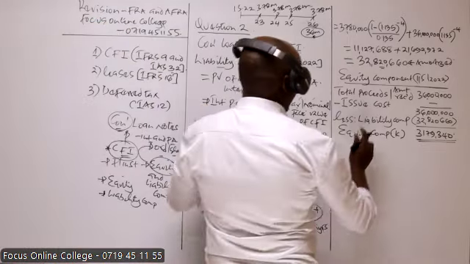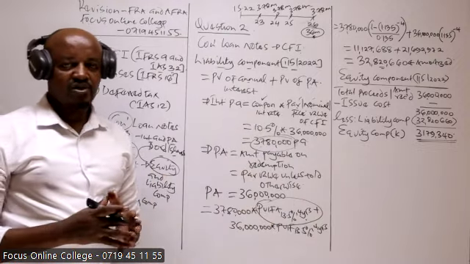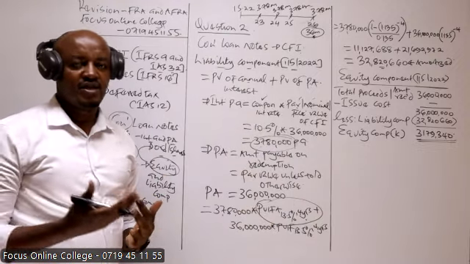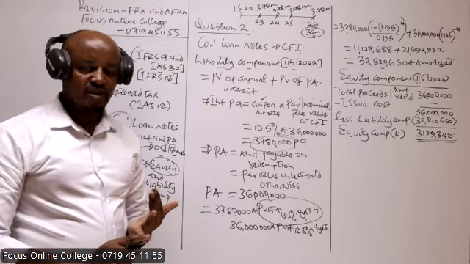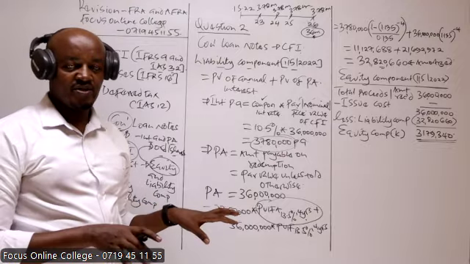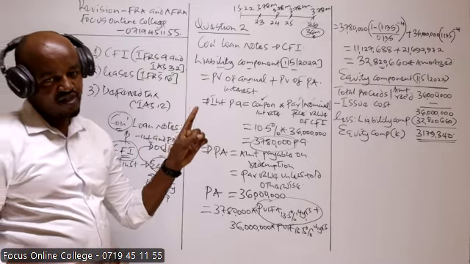So let's amortize this, because if you check the question, what the examiner was requiring is that we prepare the financial statement extracts, the income statement extract and the statement of financial position extract, basically to show what was supposed to be recognized in the income statement and in the statement of financial position. For us to be able to do that, we must first of all amortize that liability.